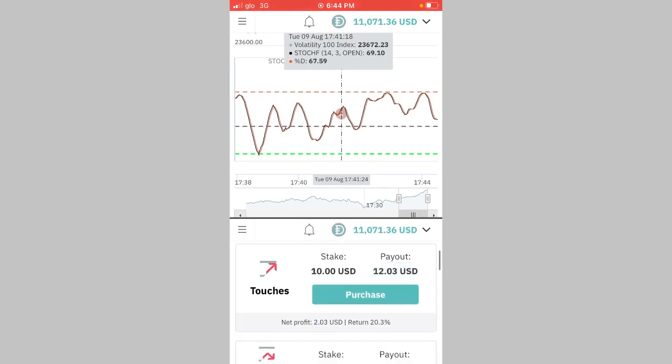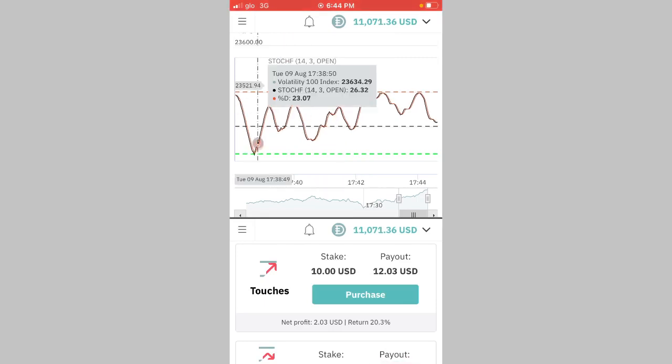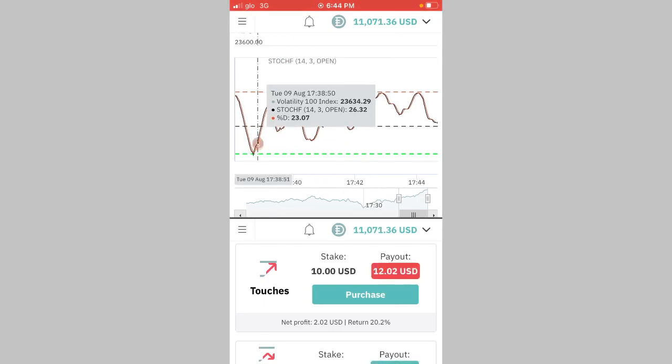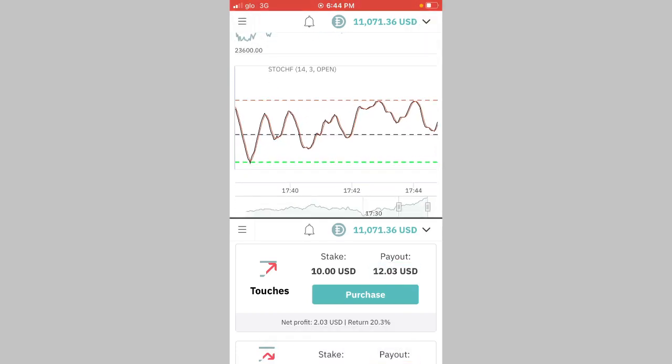And you have to be patient on this strategy. Even though it reached the 50% level, which is the middle level, don't click purchase.